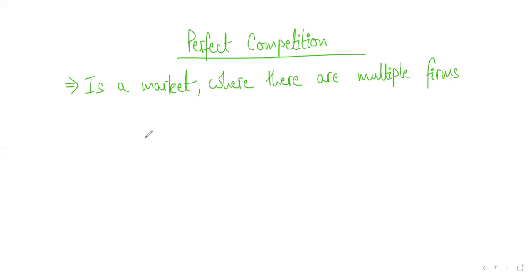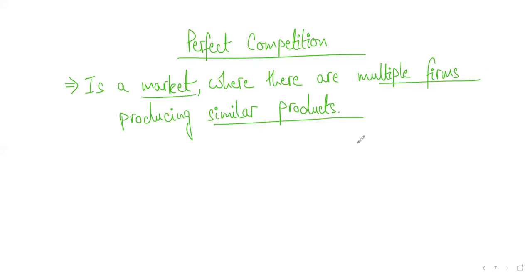Now, what does similar exactly mean? We'll talk about it. You already know similar means the same. So that is perfect competition. Okay, we just came across a basic definition that says perfect competition is a market where there are multiple firms producing similar products. Great, let's move on.